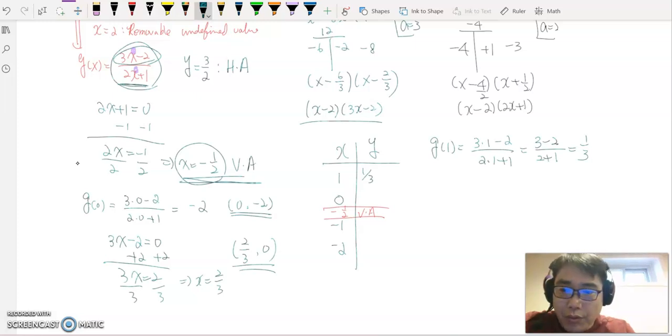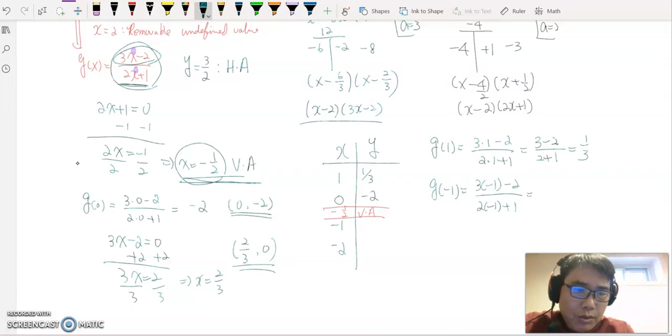For 0, we know it already, which is negative 2. Now negative 1. So 3 times negative 1 minus 2 over 2 times negative 1 plus 1. So negative 3 minus 2 over negative 2 plus 1. Therefore, negative 5 over negative 1 becomes 5.